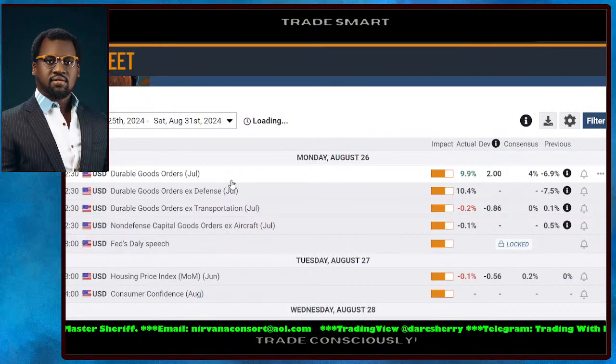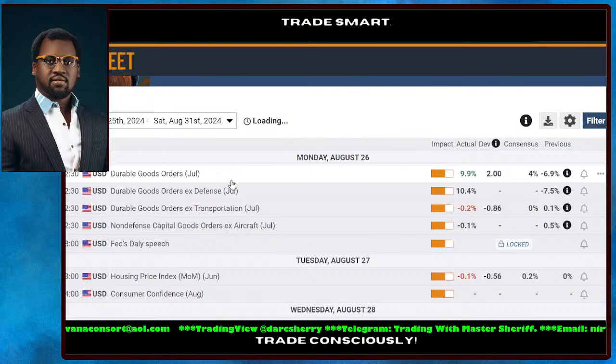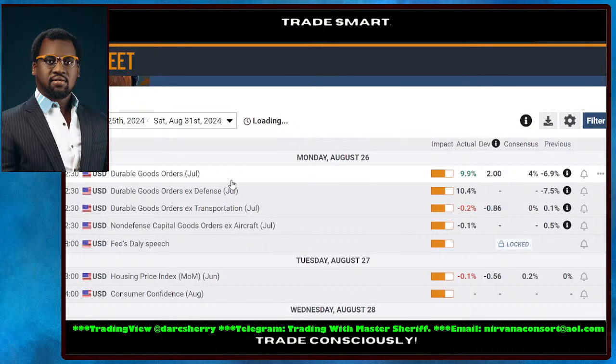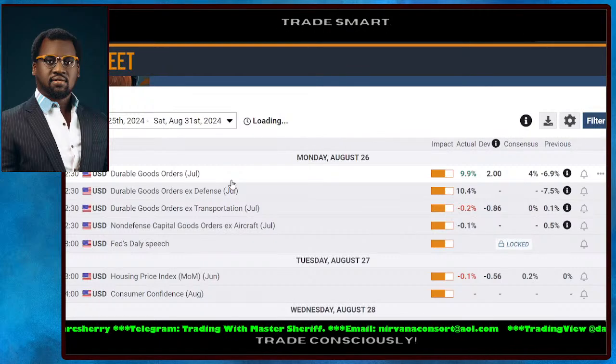If the data comes in higher than the market had expected, it could signal buoyancy in the US economy, which in the long run will result in positive traction in favor of the US dollar.